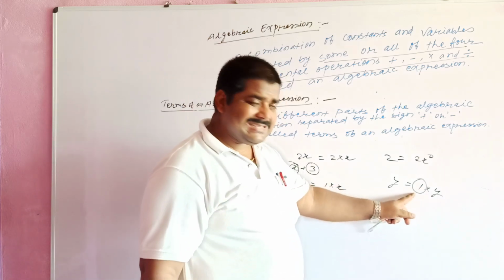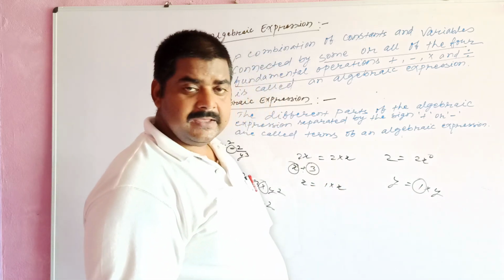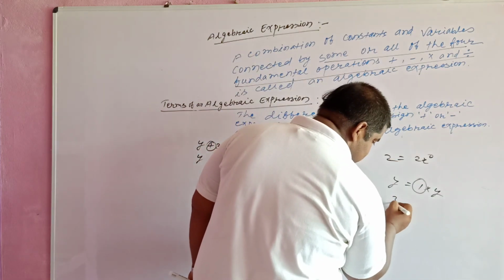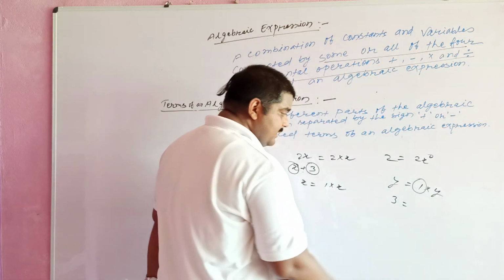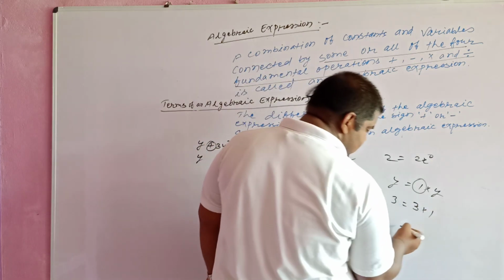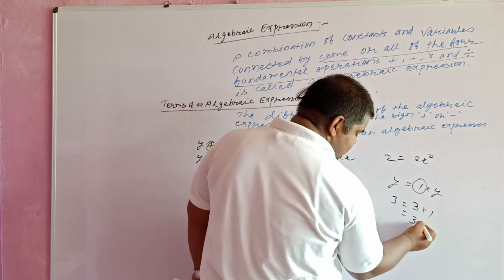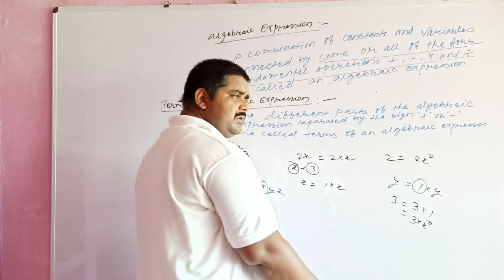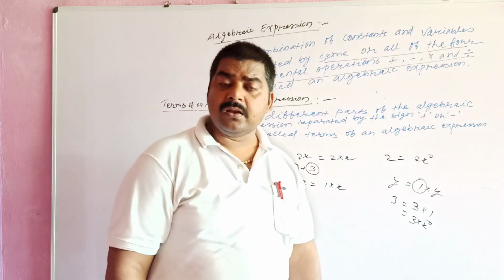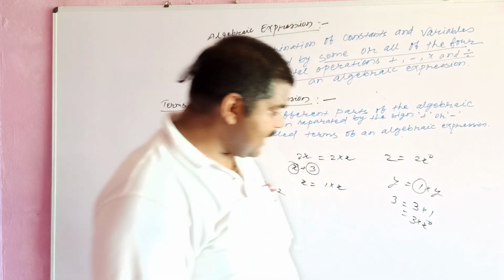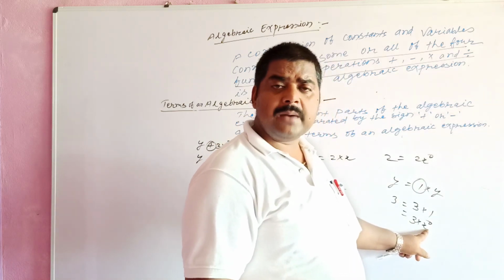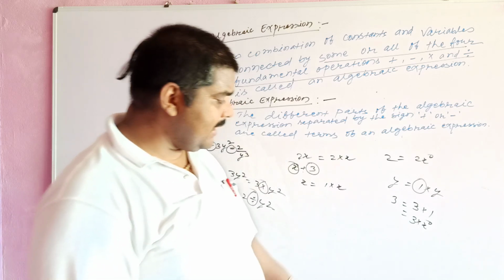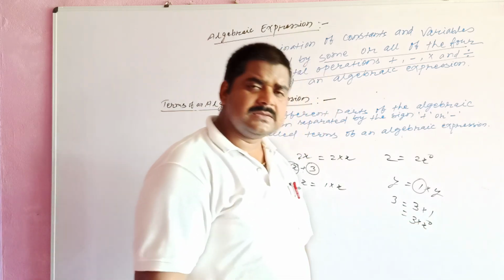If you write only 3, then 3 means 3 into 1, which can be written as 3 into x to the power 0, y to the power 0. Because by the law of exponents, you know that if there is a power of 0, then its value is 1. So 3 has been multiplied by x to the power 0.